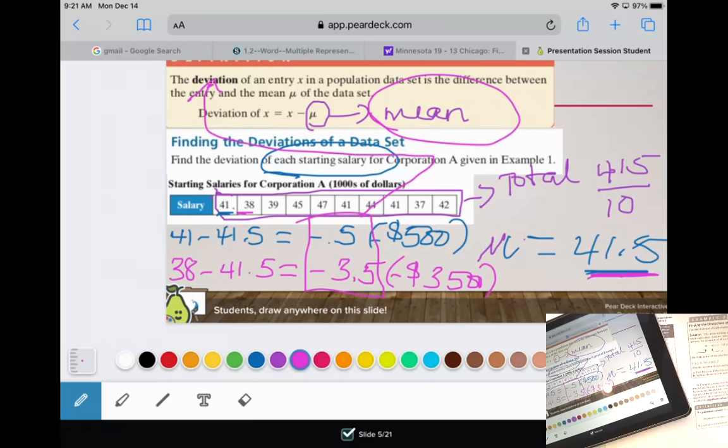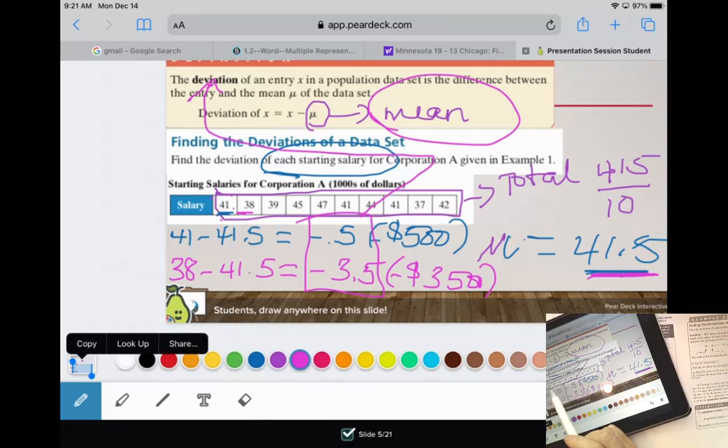Okay. Please ask questions. You can go from the lowest to the highest, or it doesn't matter. I started from 41 because that's the first number in the table.